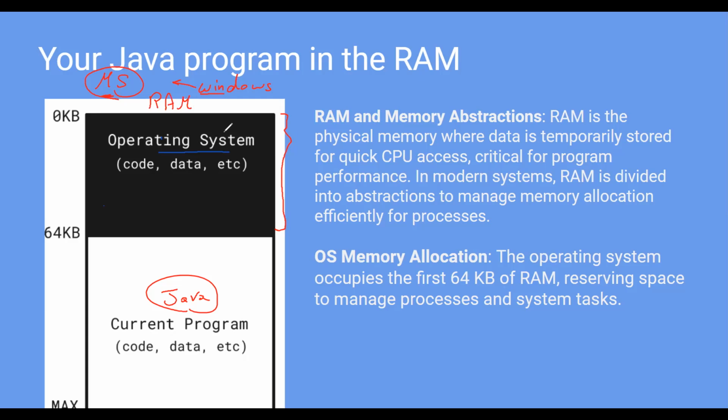The operating system occupies a certain space in the RAM. It is not 64 kilobytes, that is talking about old operating systems, so this is just for illustration. What I want to say is that Windows occupies a place in the RAM. Is that clear to you?